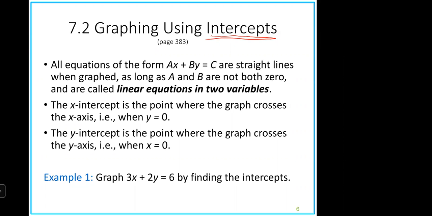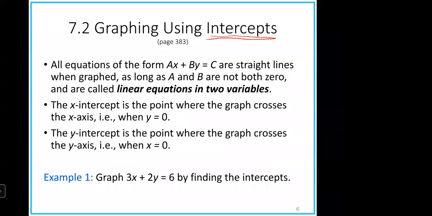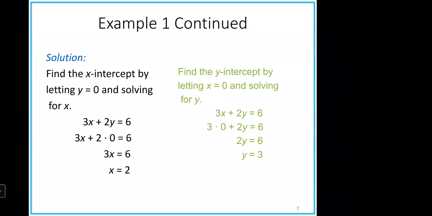But in this case, we're just using the intercepts. So the equation we had was 3x plus 2y equals 6. So your equation is here.